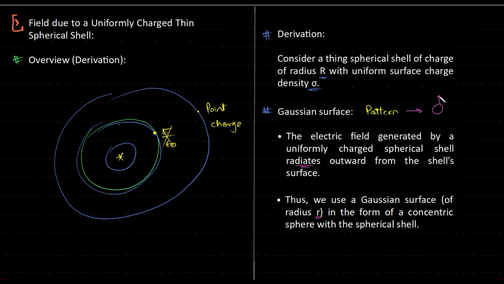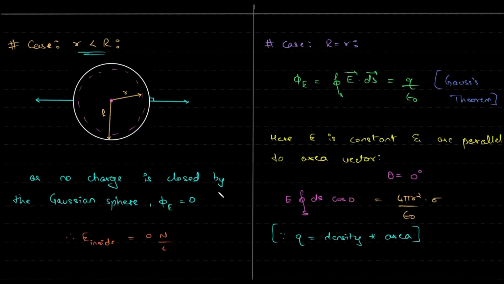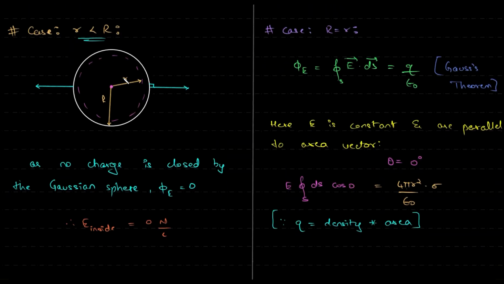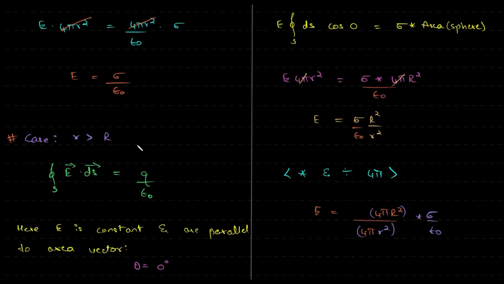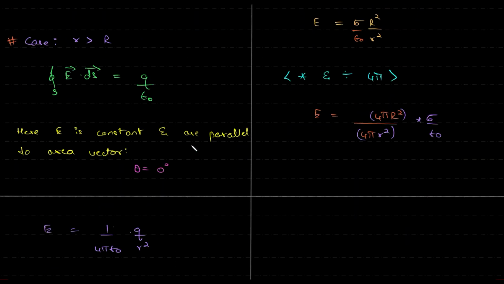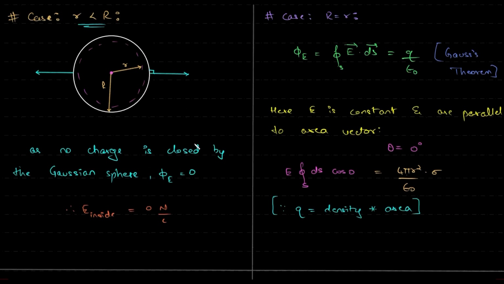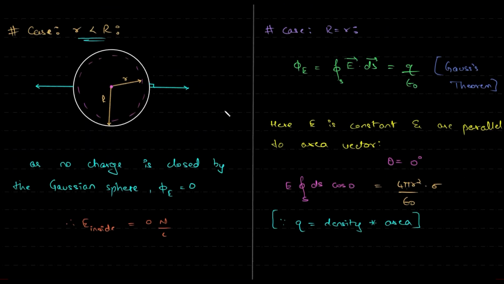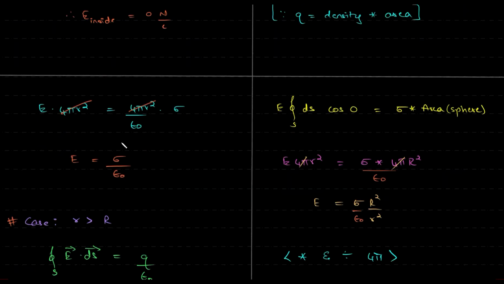And the same funda: look into the pattern of the electric field, then the Gaussian surface turns out to be spherical, right? And then we have three different cases: less than r, greater than r, and equal to r. Less than r, it has to be no charge. Equal to r, both the r's are the same, so we get a very simple expression.